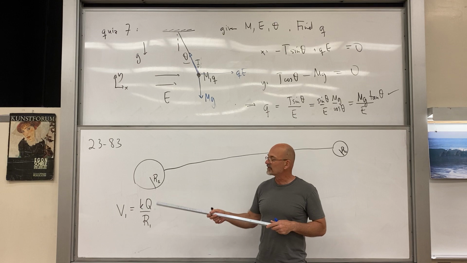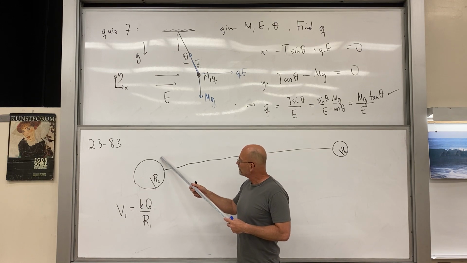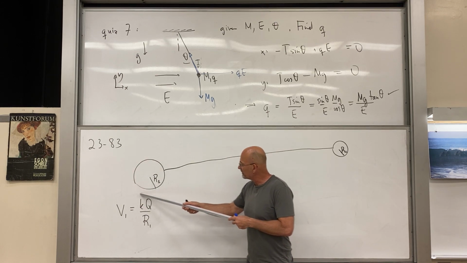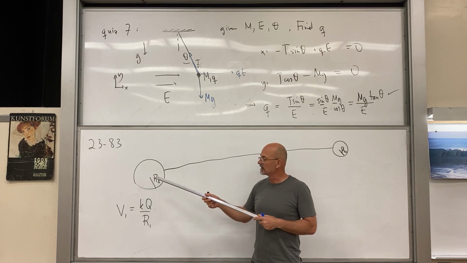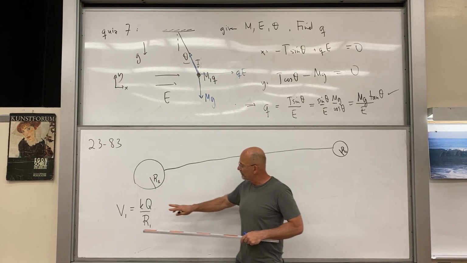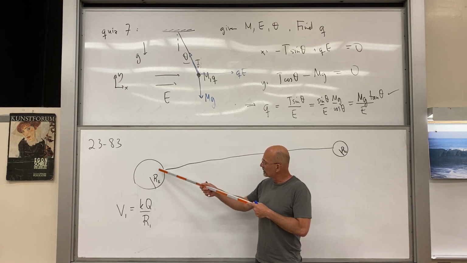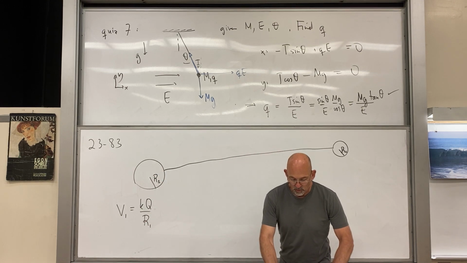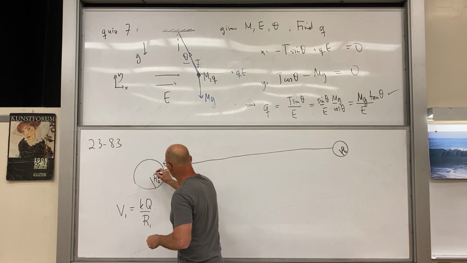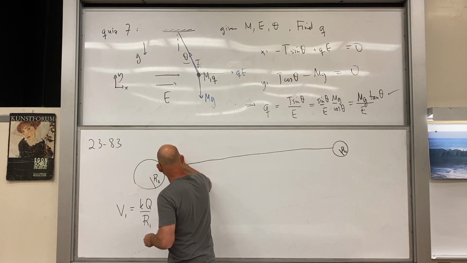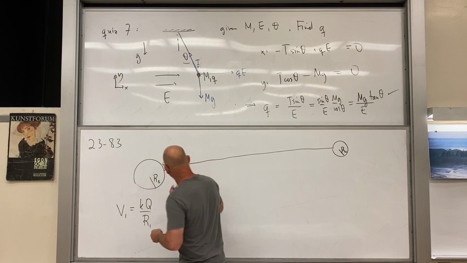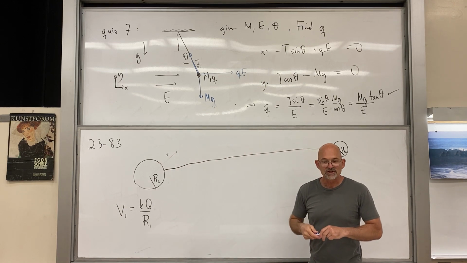Back when we studied Gauss's law, we knew that outside of a spherical charge distribution, we have the same form as a point charge. So outside of this charge, for lowercase r greater than R1, suppose we were out here at some distance r, we would just have the potential of a point charge.